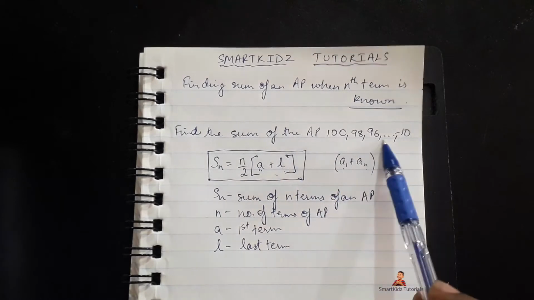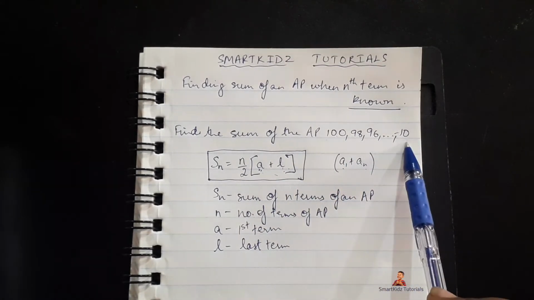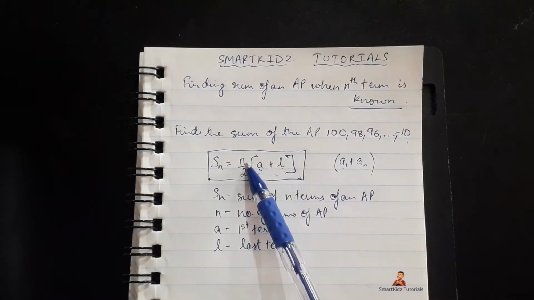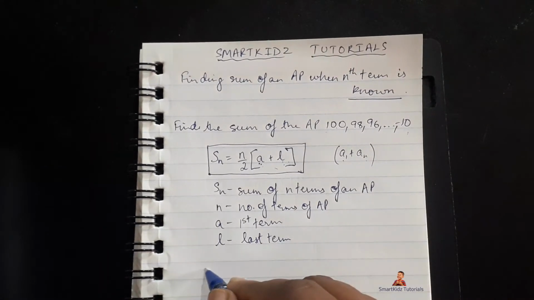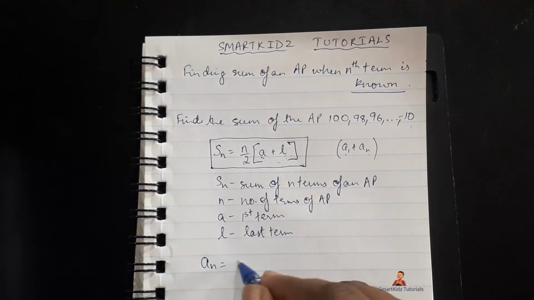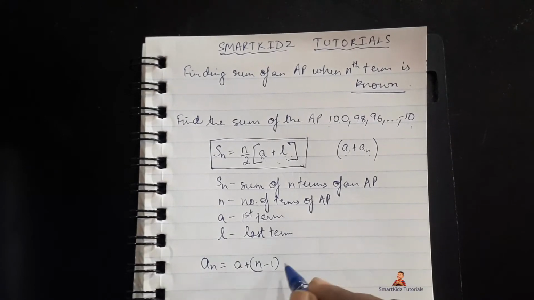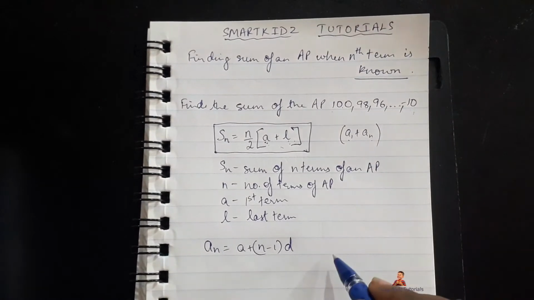Like in this case, we are given first term which will be 100, last term which is minus 10, but we do not know what is n. So for that we need to use the formula that we used to find the nth term of an arithmetic progression. So we'll write that an equal to a plus n minus 1 into d. Now this is the formula that we need to use.